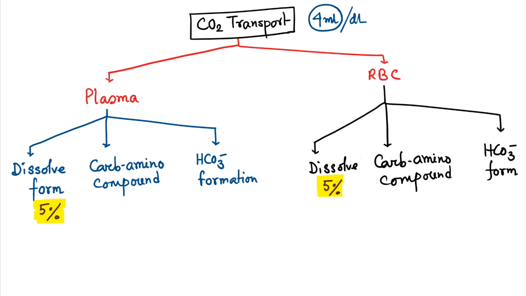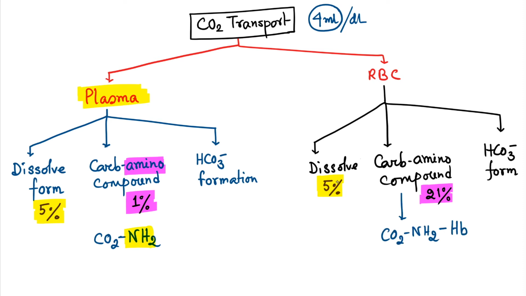Then second, carbamino compound. Look at the percentage, important here. The percentage of carbamino compound inside the plasma is only 1%, but the percentage inside the RBC is 21%. So why is the carbamino compound more inside RBC? Now remember, carbamino compound formation means carbon dioxide is attached with the amine radical of either plasma protein or hemoglobin.